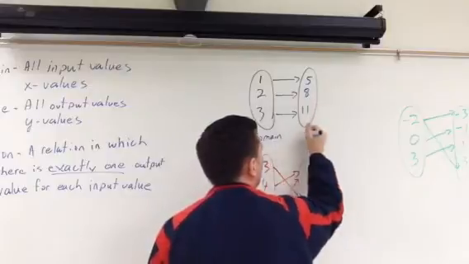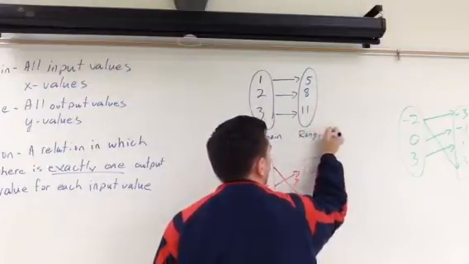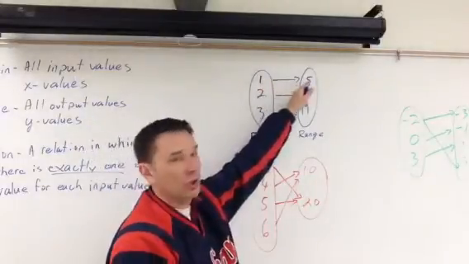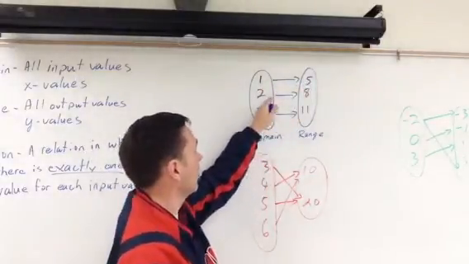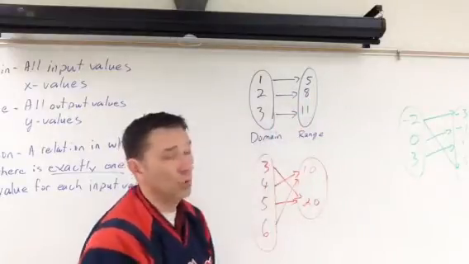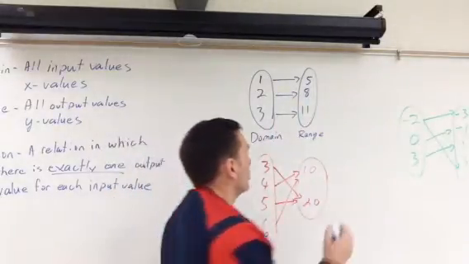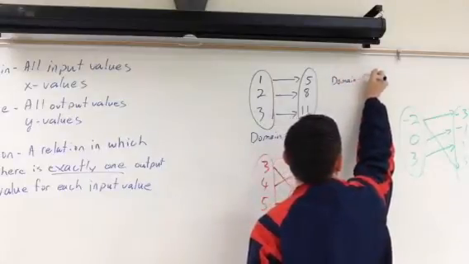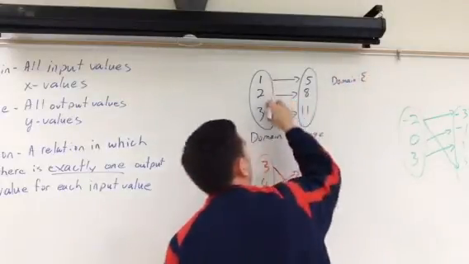What we end with is our range. There's an arrow starting from the 1 going to 5. There's an arrow starting at 2, pointing to 8, and one going from 3 to 11. So our domain numbers would be 1, 2, and 3.